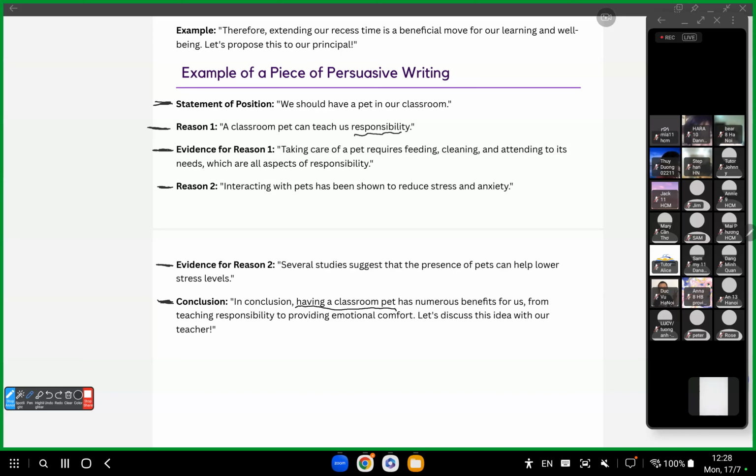From teaching responsibility to providing emotional comfort. So we see here, where's reason one? So we've got reason one here, restating reason one there. And then we go on with reason two.